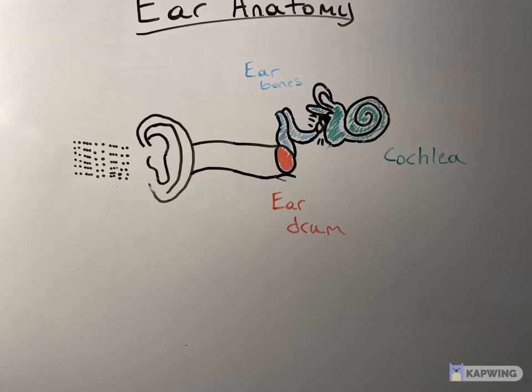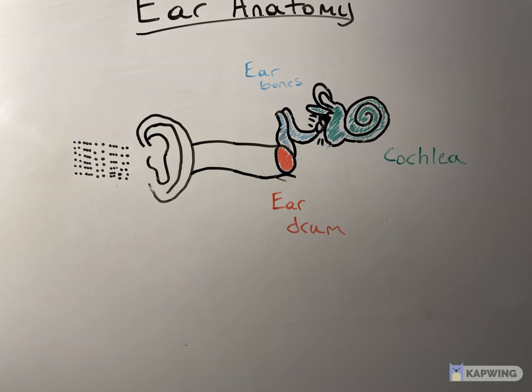Now that we have a simple understanding of how sound waves work, let's discuss the main components in the translation process in our ear. The diagram above shows the different parts of the ear that all contribute to this process of translation. As we can see in red, there's the eardrum.